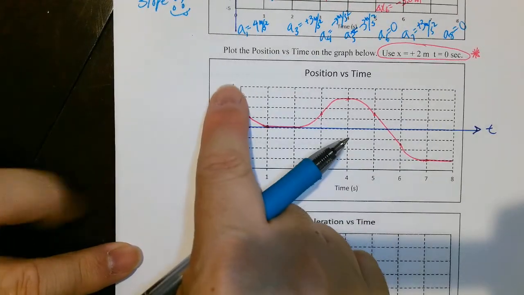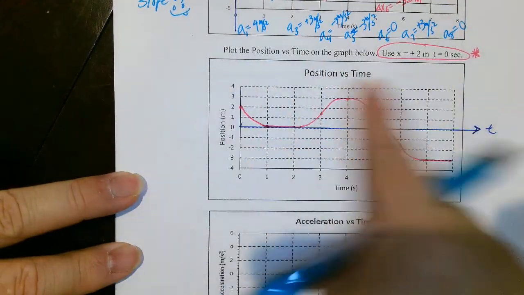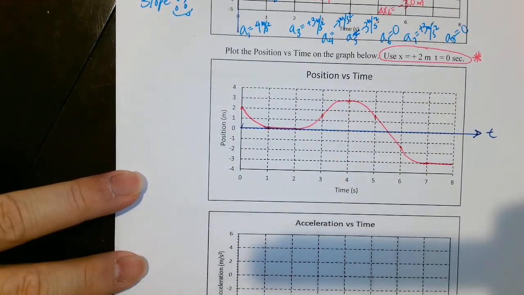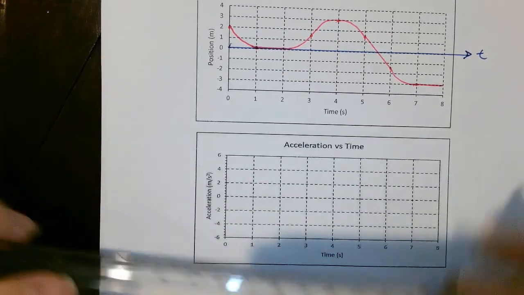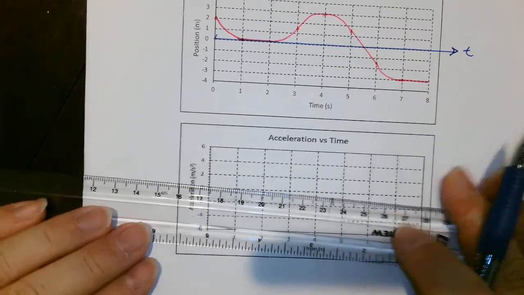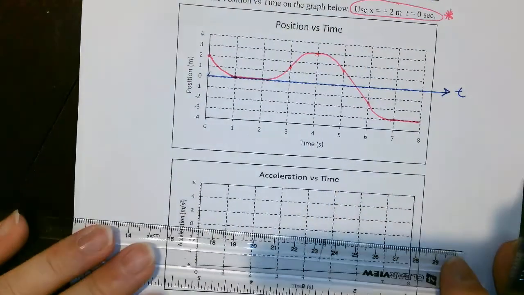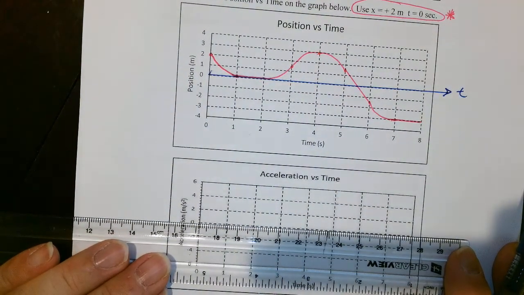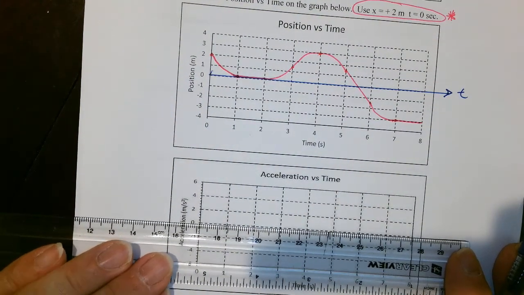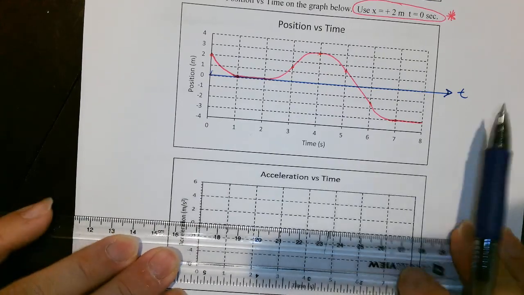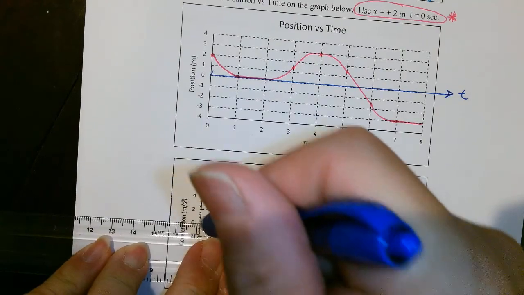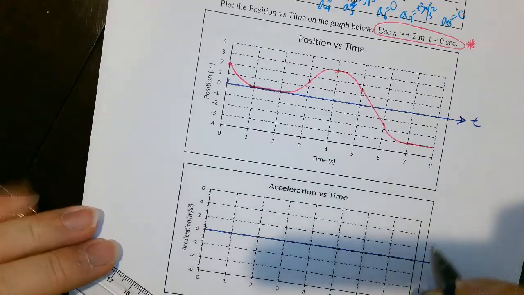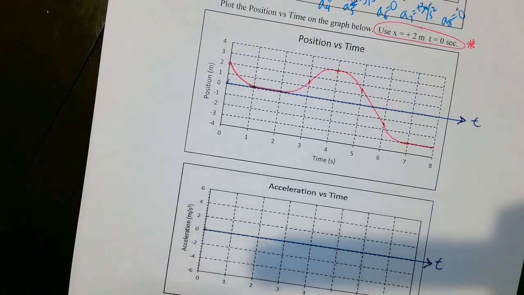So now if we want to graph these slope values onto my acceleration, notice how the slope values are constant. That means my acceleration values between those time intervals should be constant functions, which are horizontal lines. So here's my time axis again. Okay.